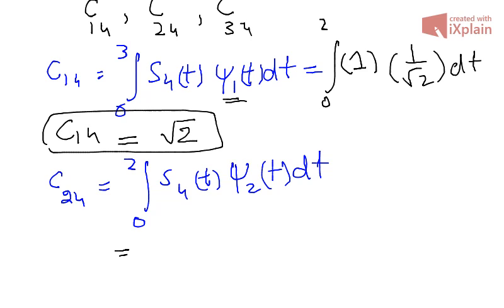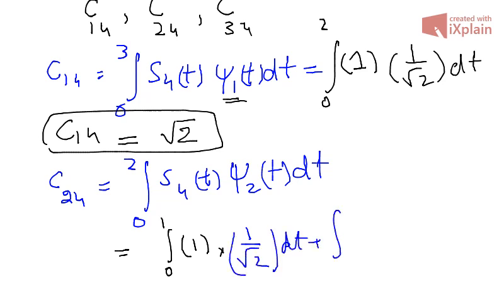Product would be 0. So from 0 to now you can further split it. If you observe, it is from 0 to 1. Your S4 is 1, and psi 2 of t is 1 over under root 2 dt.